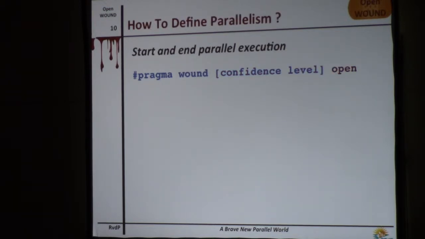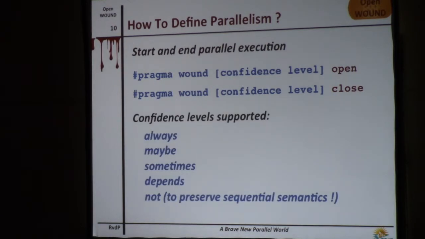What do I mean with that? Well, first of all, before I go into that, I should explain how you define the parallelism. It's very easy. You open the wound by pragma wound open, and then you close the wound and you're done. All right? And the confidence levels currently supported are always, maybe, sometimes, depends, and not to preserve sequential semantics, because that's really very important.